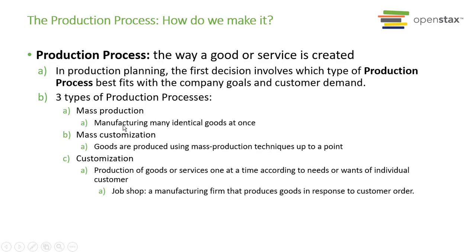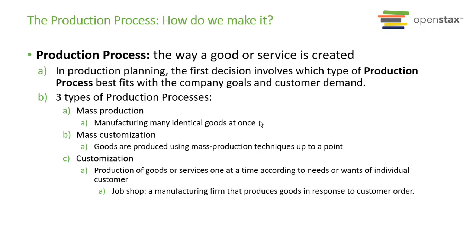The mass production, manufacturing many identical goods at once. If you're in the business of mass production, just think of mass production as have it my way, right? And so in this particular case with mass production, you're the one who's deciding to do it your way.